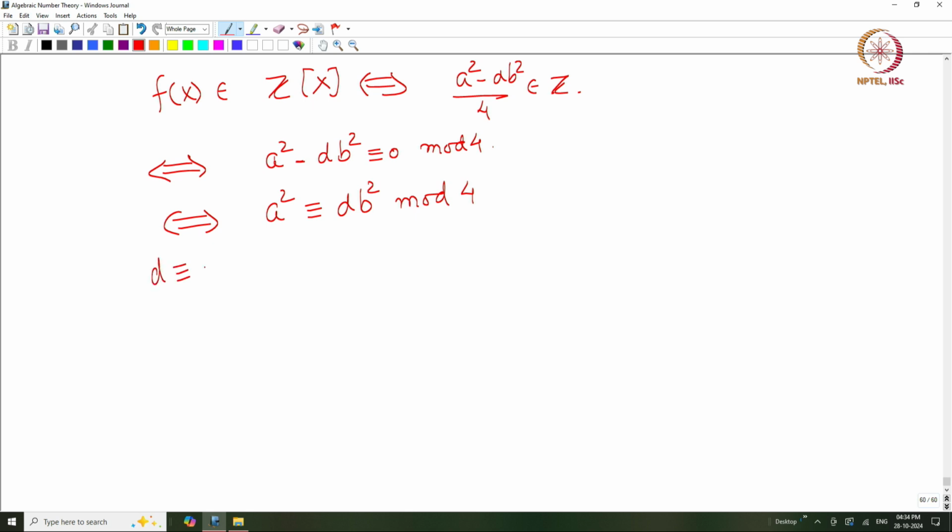It is not congruent to 0 mod 4, so it is 1 mod 4, 2 mod 4 or 3 mod 4, as d is square free.